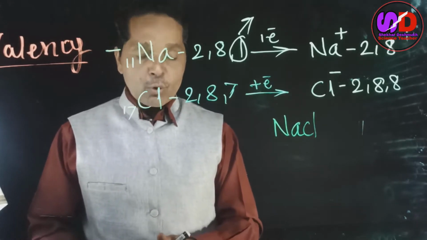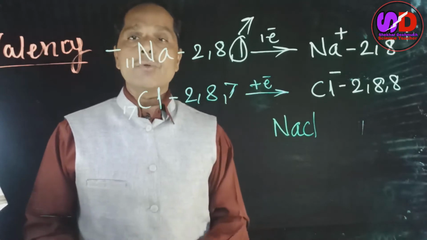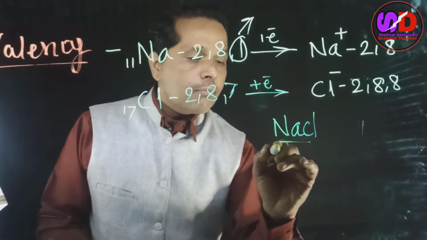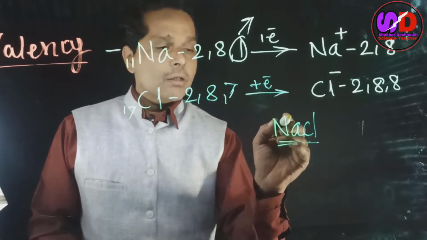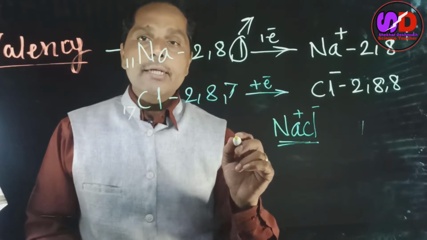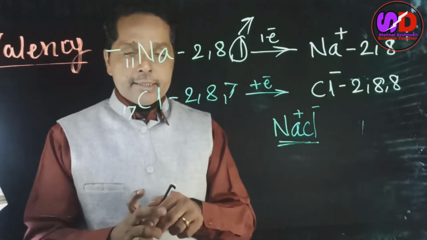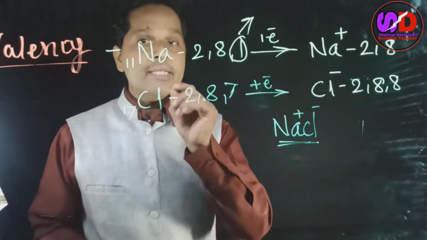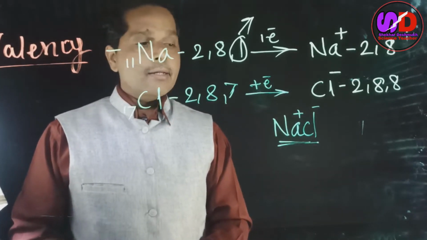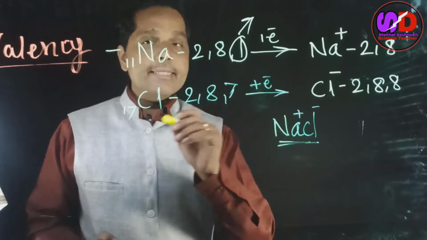NaCl, sodium chloride, is nothing but common salt that we use. Because Na has positive charge, Cl has negative charge, there is an attraction between these two ions, and these two ions combine together, a bond is formed between them, and that bond is called ionic bond, and the compound NaCl is formed.